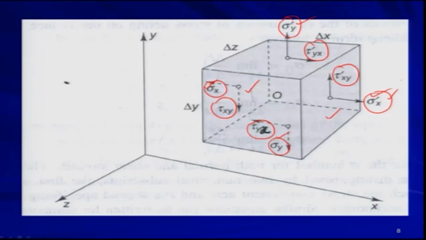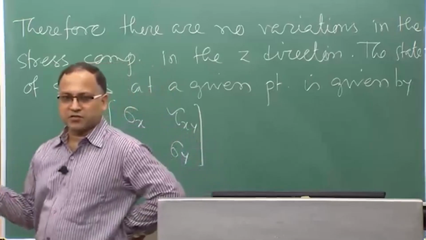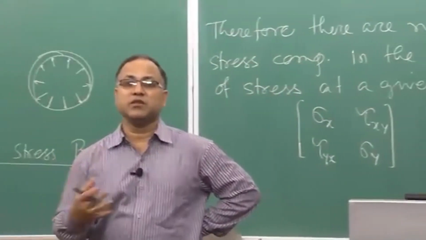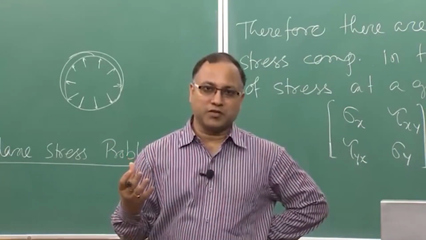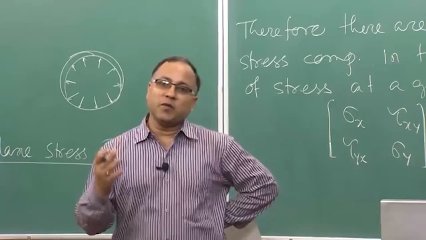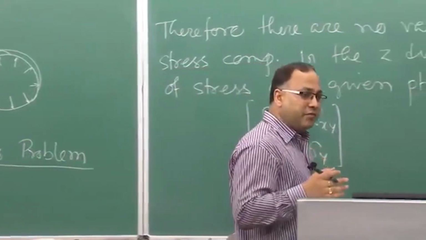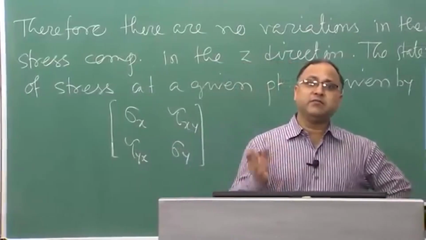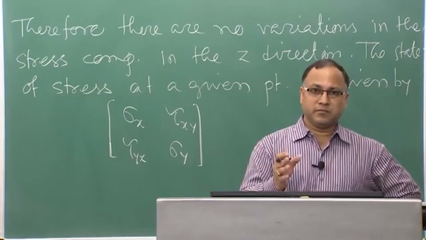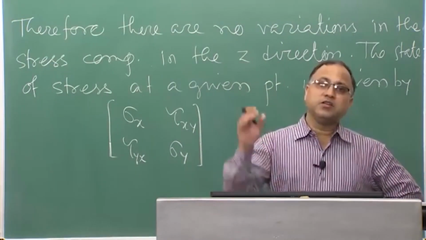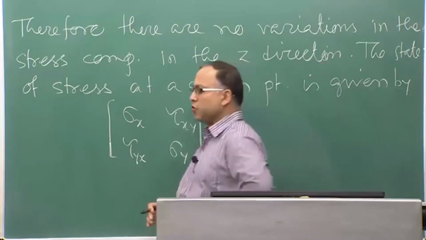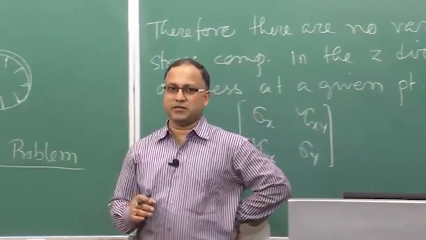Why is it a positive normal stress? Because this is acting on the positive x plane and towards the positive x direction. So, therefore, this is a positive normal stress. Similarly, the normal stress will be positive if that is acting on a negative plane and towards the negative coordinate axis.